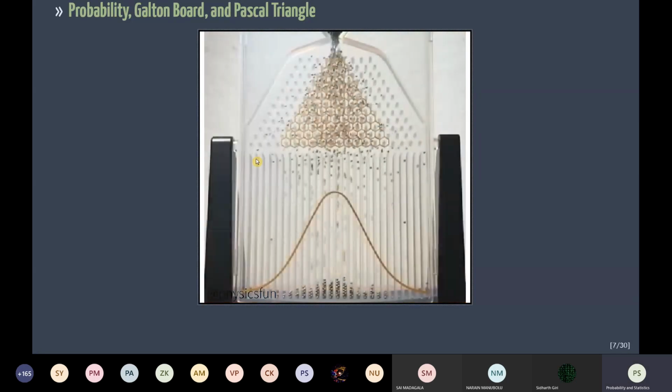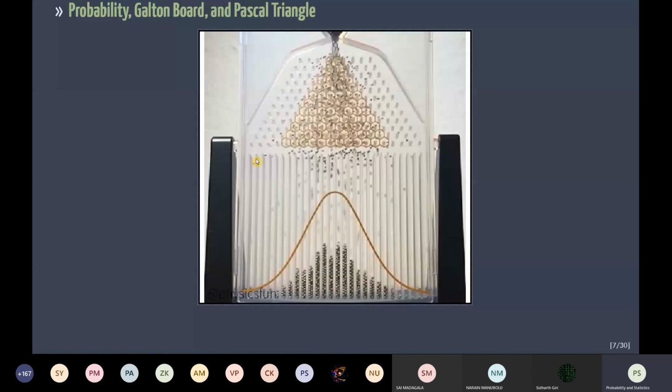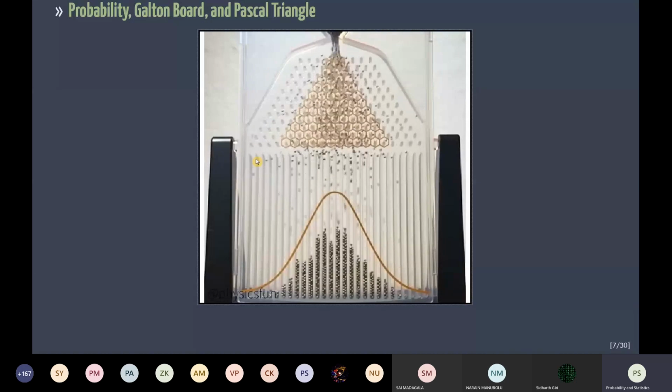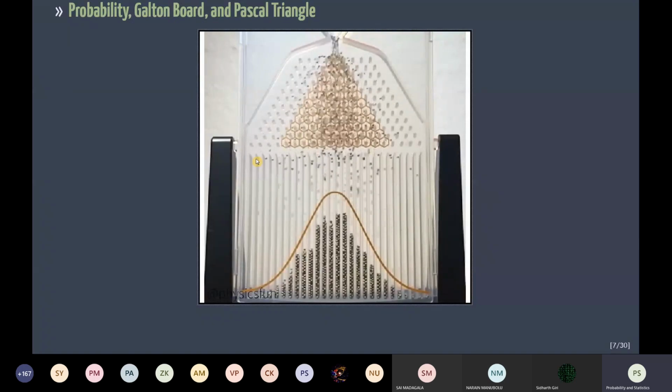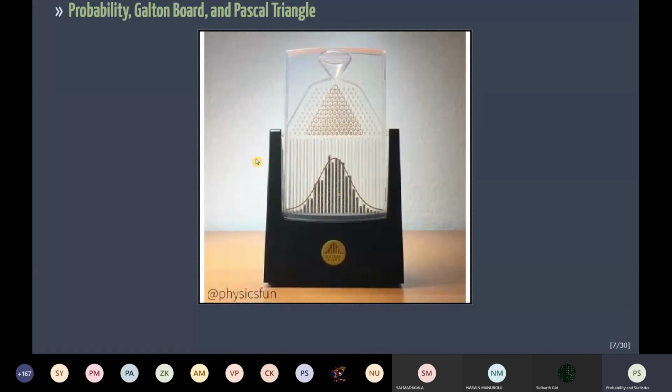So this is the slow motion of particles falling from the top, and there are some beams at the bottom with some dividers. The particles fall and hit these dividers, and then they fall, and after the fall, this is what you see. So the question is, what is happening here?